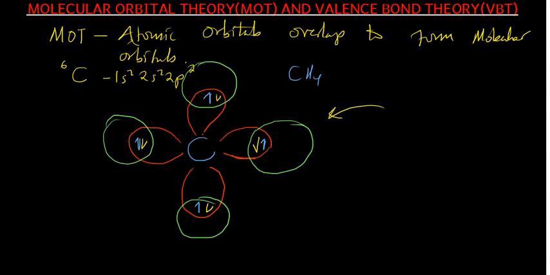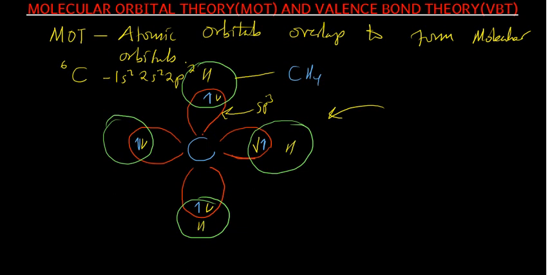Atomic orbitals have overlapped to form molecular orbitals. So what you can see here is a combination. This orbital from the carbon is sp3, and each of these is a hydrogen atom.